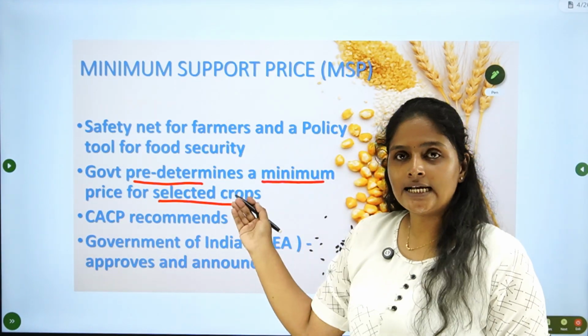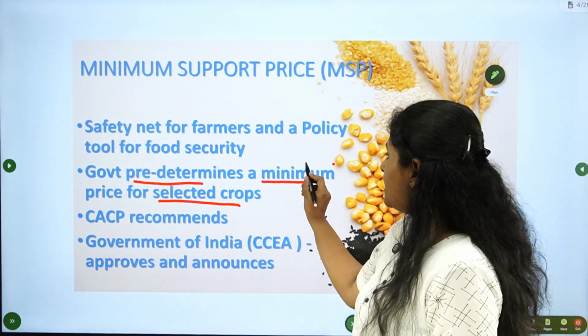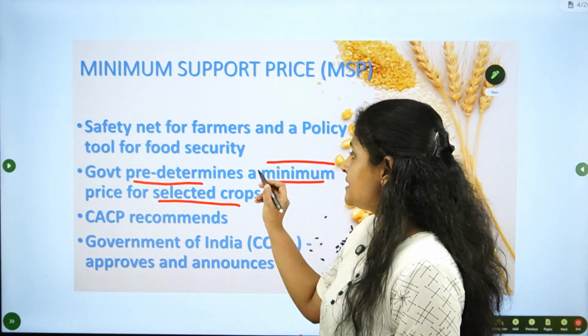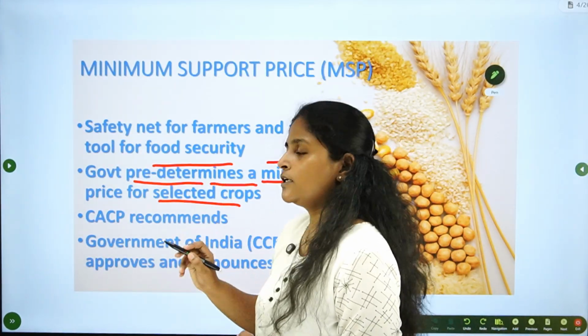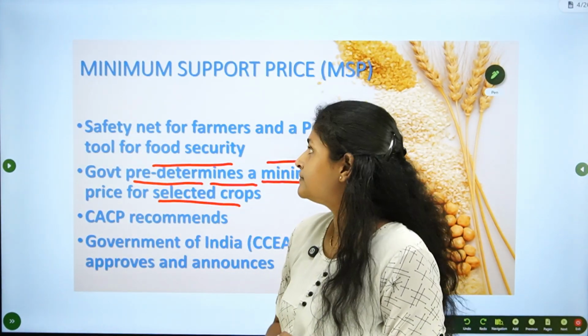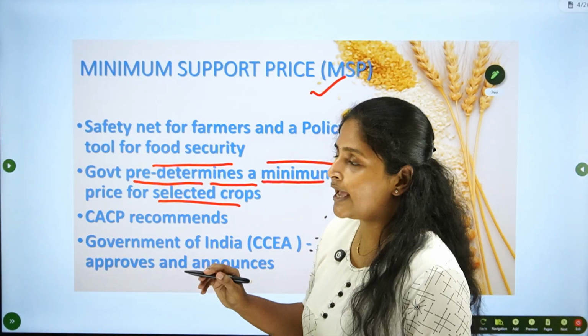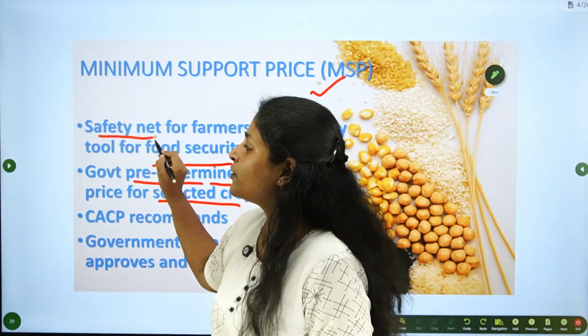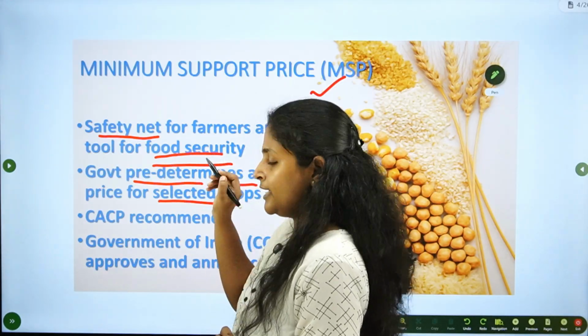Who determines which are the selected crops? We will look into it later. First, it is a minimum price which is predetermined, and that too on selected crops.